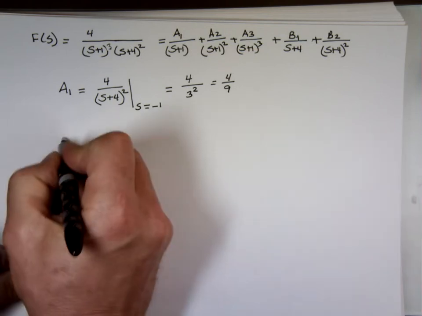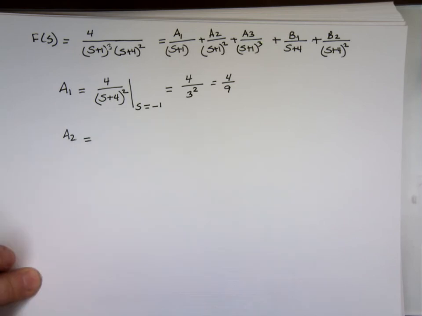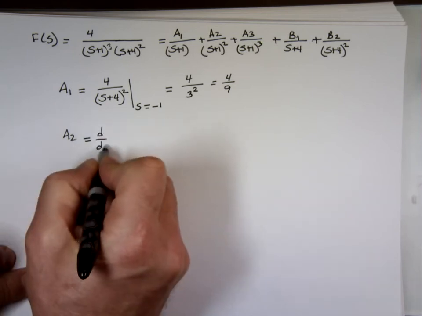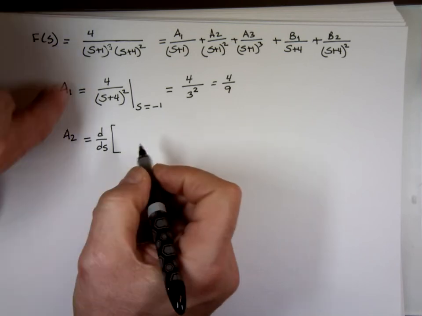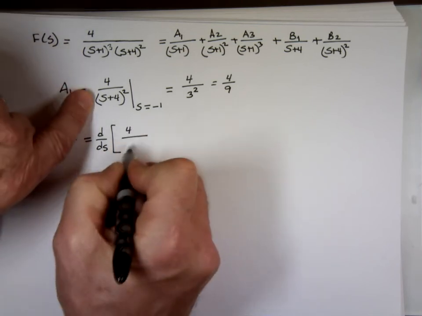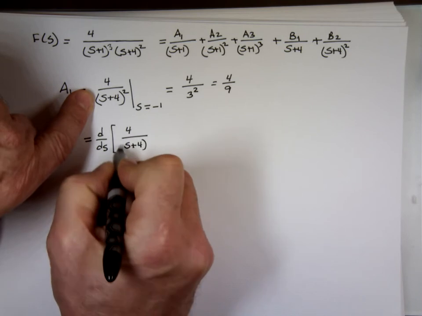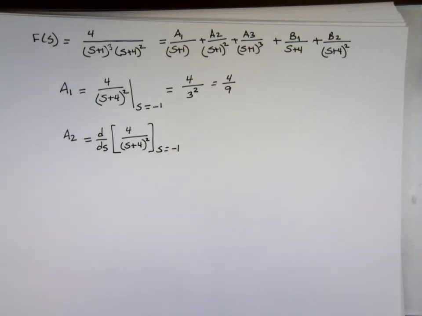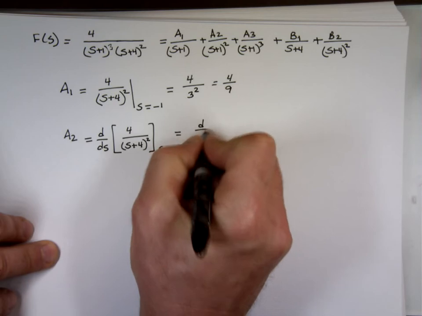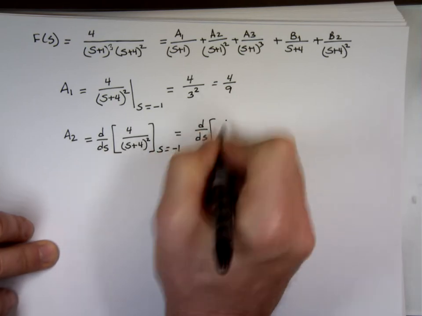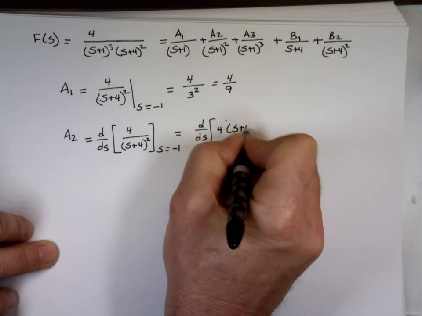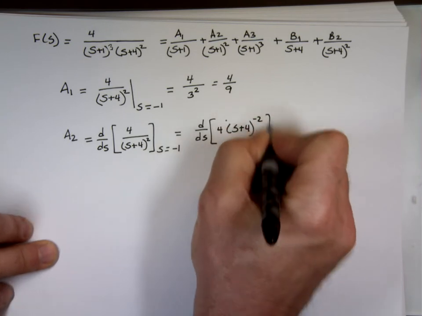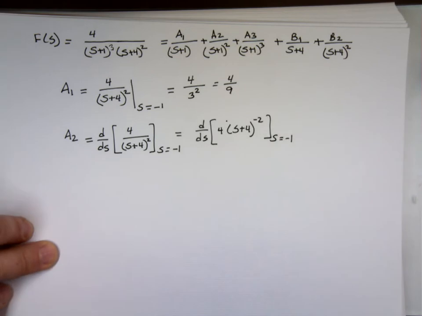A2, actually that's not bad. It's the derivative of 4 over s plus 4 squared when s equals negative 1. Taking the derivative is straightforward. Because if I rewrite this problem, it's the derivative of 4 times s plus 4 to what power? Negative 2? And let's take the derivative.